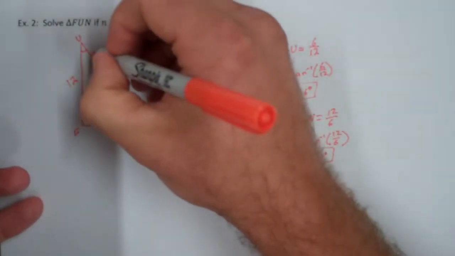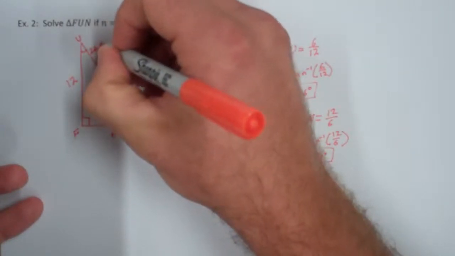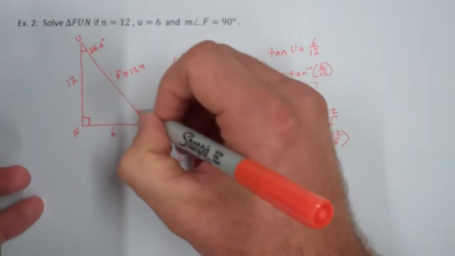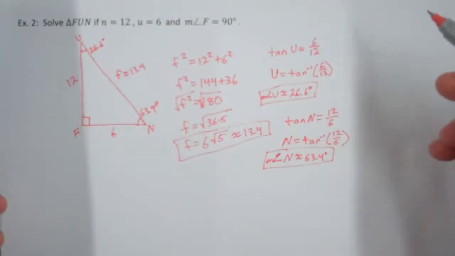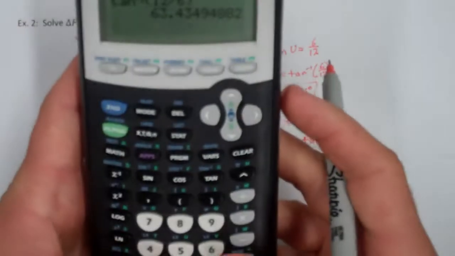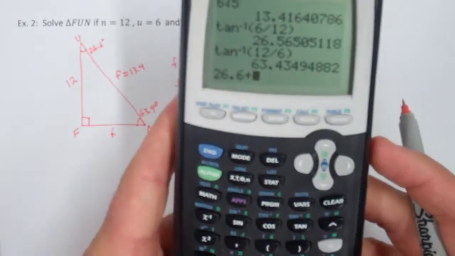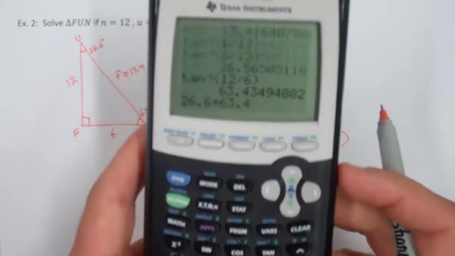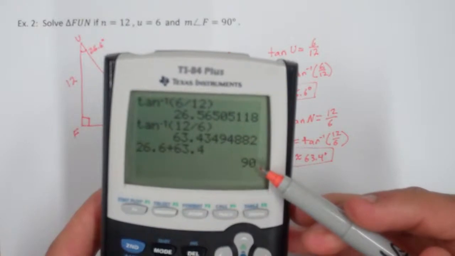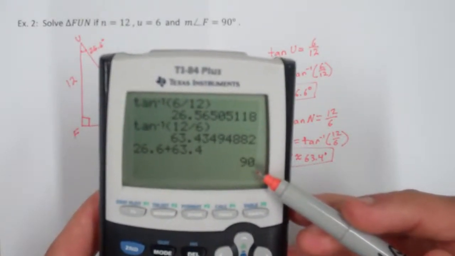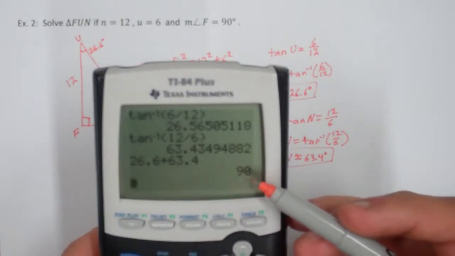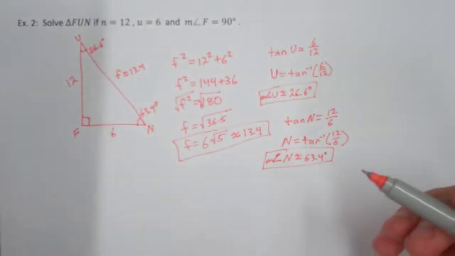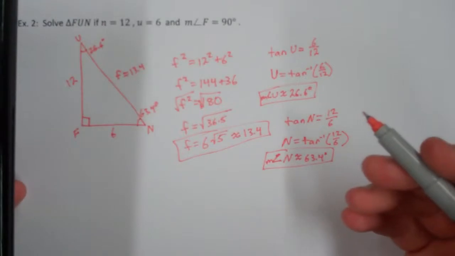So U over here is 26.6, and N we said was 63.4, and those two should add up to 90. So if we do 26.6 plus 63.4, we do get 90 degrees. It might be like 89.9 or 90.1, depending on which way you round on some of these, but it should be very, very close, if not exactly 90 degrees. So that works.